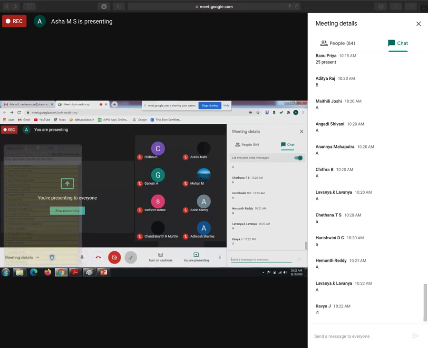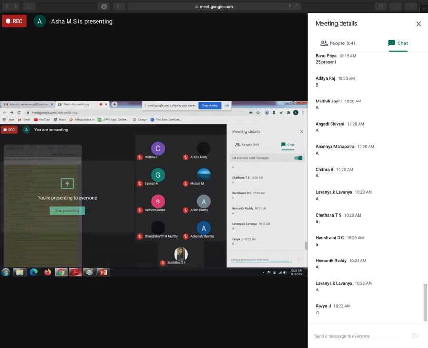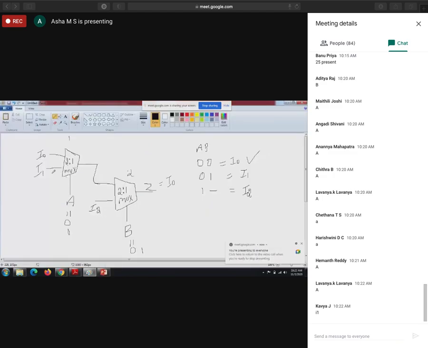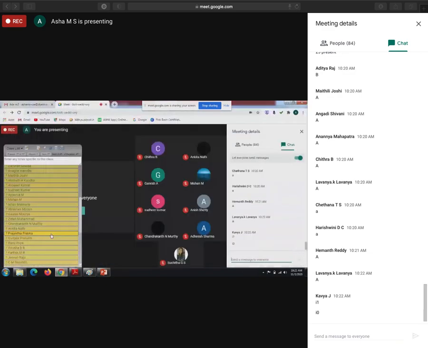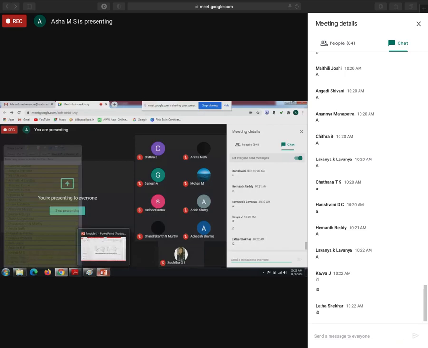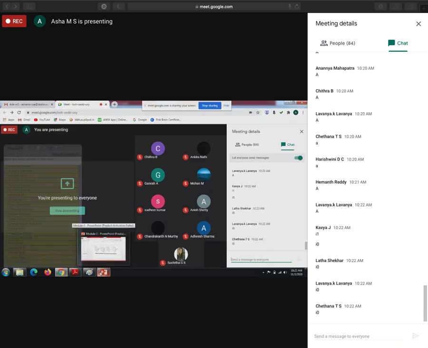It should select I1, correct, right? But when A equal to 0, what will be selected from the first multiplexer? It is going to select I naught. Means there is a mistake there. So what do we need to change now?